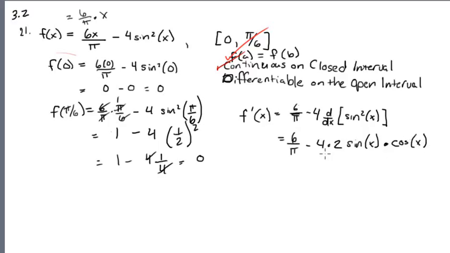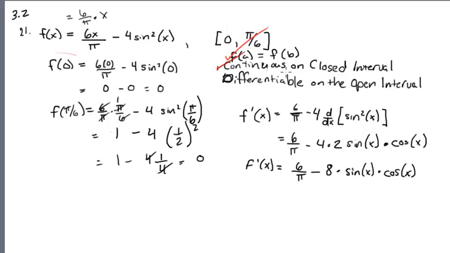All right? So f prime of x is going to be equal to 6 over pi minus 8 times the sine of x times the cosine of x. So actually, there is no value that this function isn't defined for, right? Especially not on the open interval, I could put any value of 0 to pi over 6, not including 0 and pi over 6.